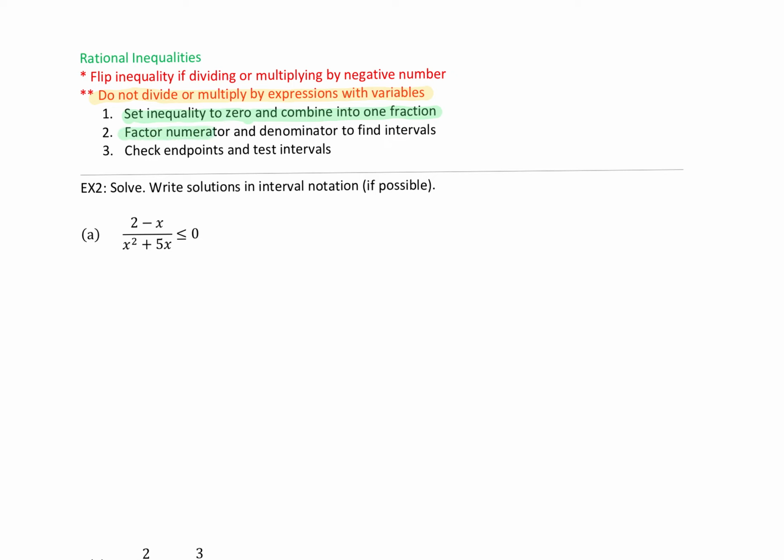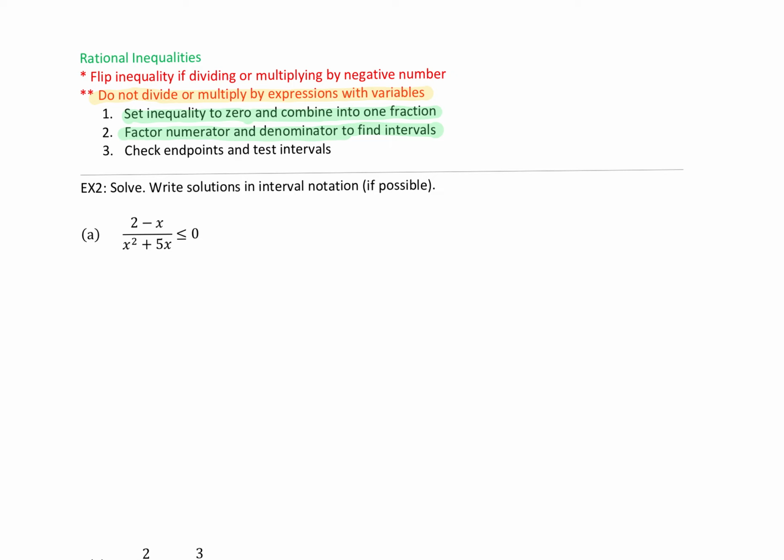Make sure your numerator and denominator are factored. And then we're going to use these factors to find our intervals. So we're going to do what we did in a prior section. We're going to set each factor to 0. We're going to find those points that are going to break up our number line. And then we're going to get intervals between those points.